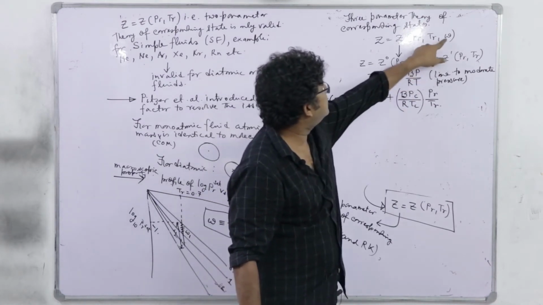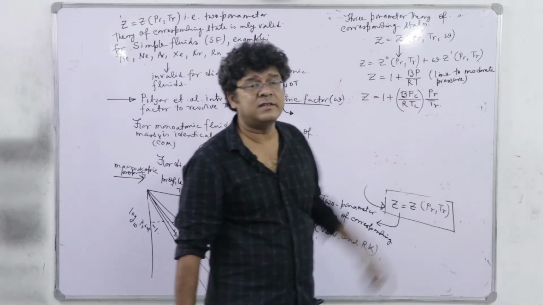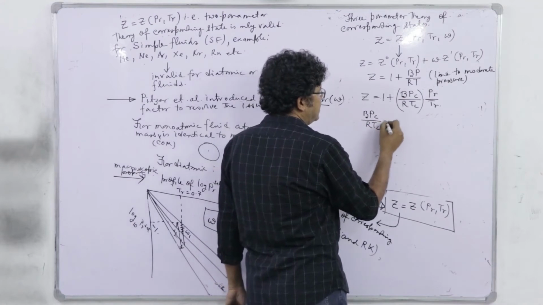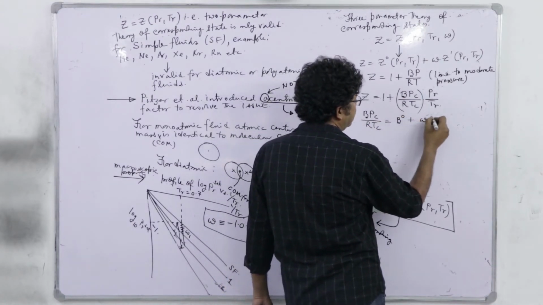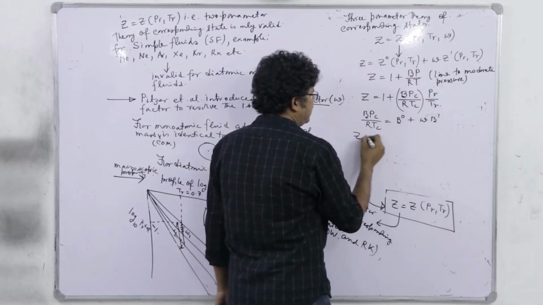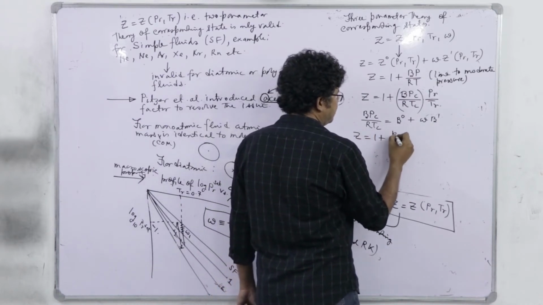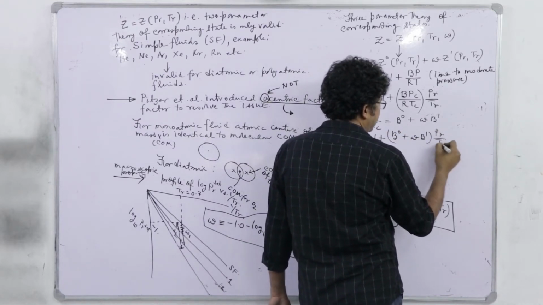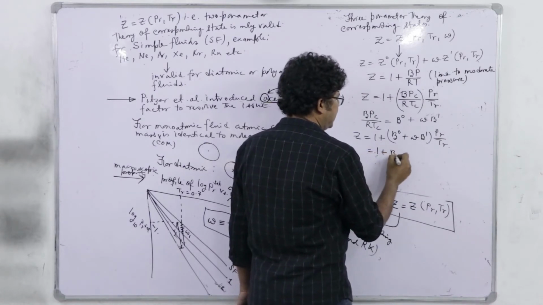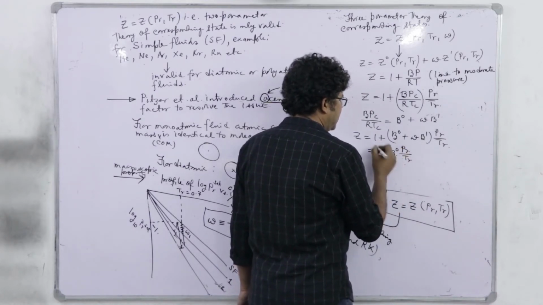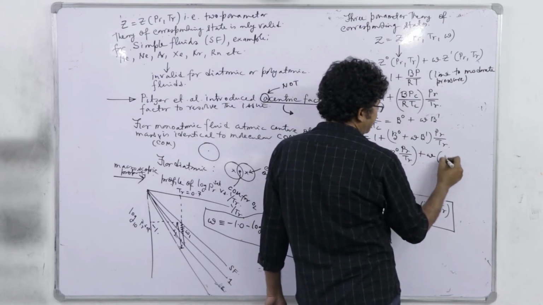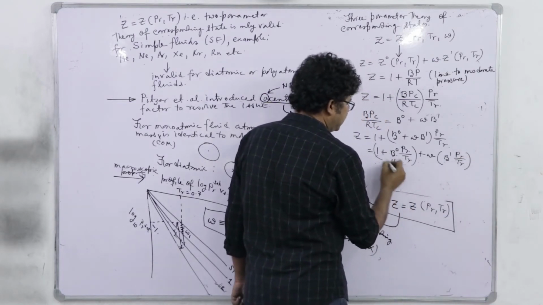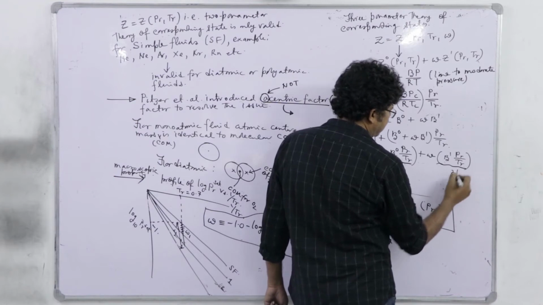Because finally Z is dependent on omega and the dependence is linear. So, they considered B Pc by R Tc equal to B0, a constant, plus omega into B1. So, obviously, we get 1 plus B0 plus omega B1 into Pr by Tr. So, you can write this equation as B0 into Pr by Tr plus omega B1 into Pr by Tr. So, technically the first term is Z0, and this is Z1.